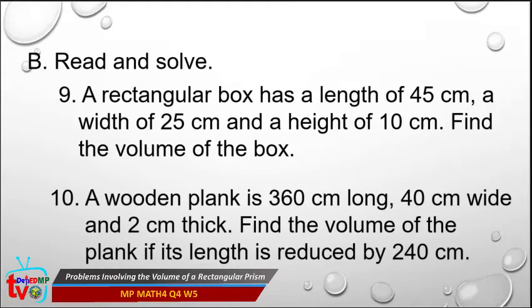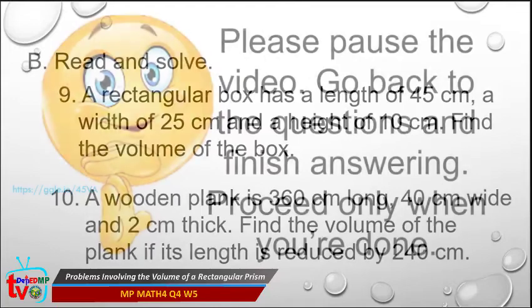For number 10, a wooden plank is 360 centimeters long, 40 centimeters wide, and 2 centimeters thick. Find the volume of the plank if its length is reduced by 240 centimeters.